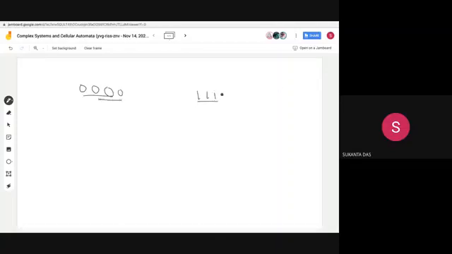If I put 1 here, I'm getting 7. So this 0 was mapped to 0, and this 1 is again mapped to 0 here. So they are in the same sequence set.